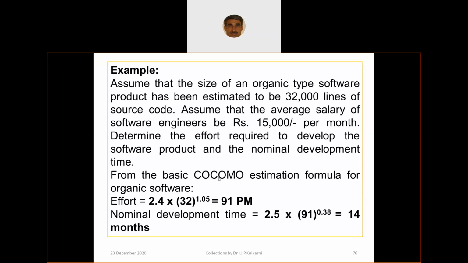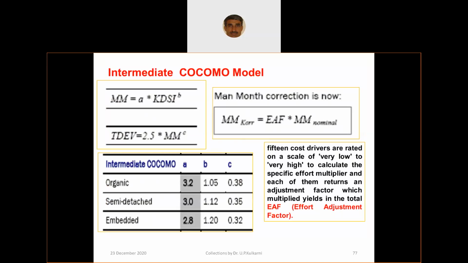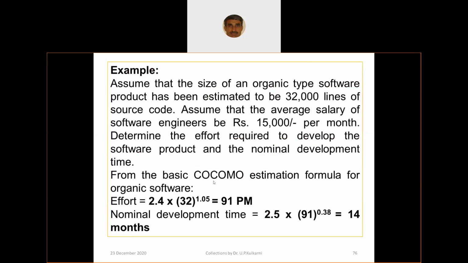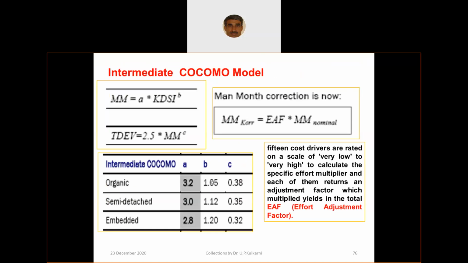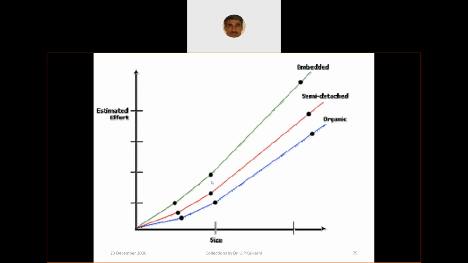Then you have the time in months, and based on that you can find out how many people are required. So please work on that as a short note, and sometimes a small example with all parameters given in the question paper. With this, we have completed cost estimation.